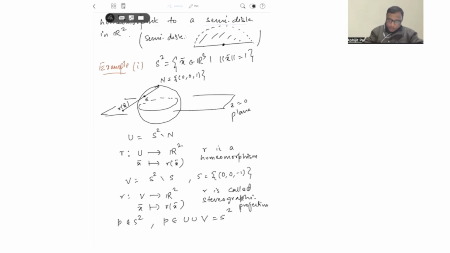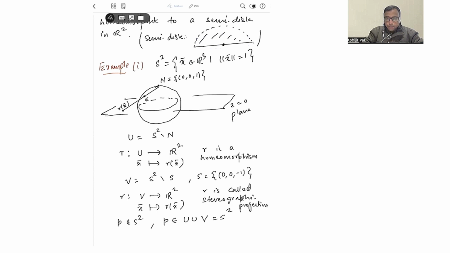By semi-disk, what do we mean? You take this part of the x-axis, let us take an open interval, and let us take a disk. So semi-disk means this thing. Here the upper boundary of the semi-disk is not there. The lower boundary is included in this semi-disk.